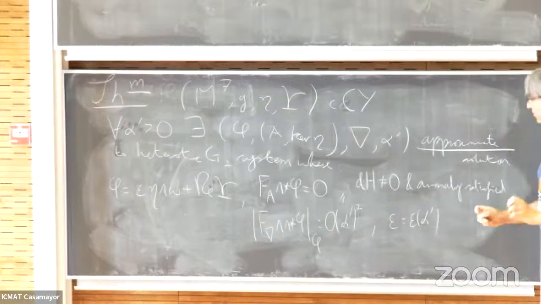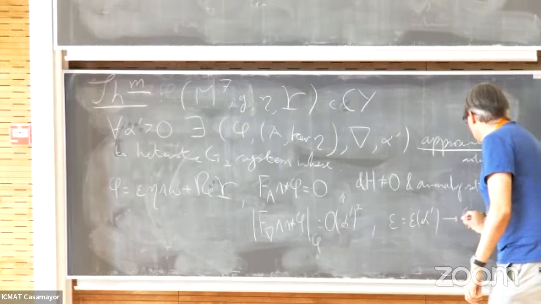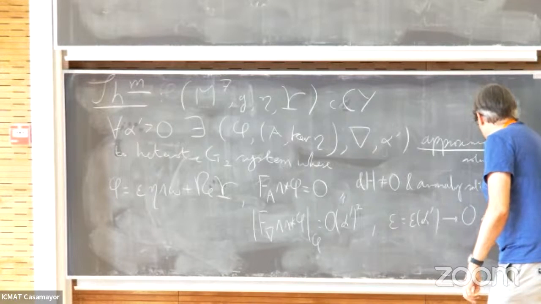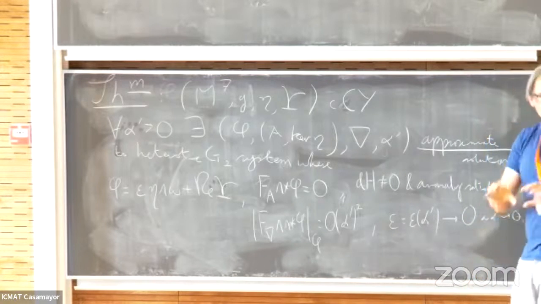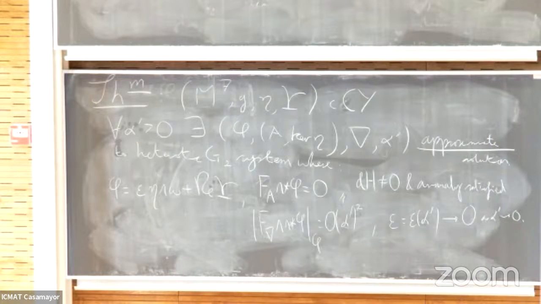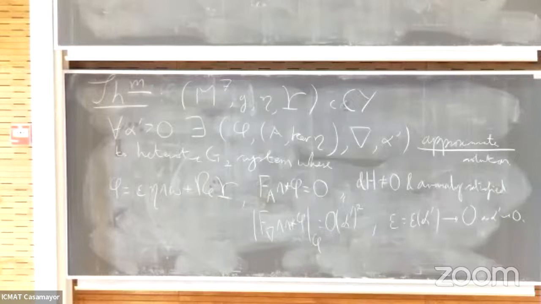It's not going to be a shock that this function goes to 0 as alpha prime goes to 0. You have to collapse the circles in the fibers if you want to get closer and closer to a solution. So again, it's trying to become Calabi-Yau and a kind of trivial solution to the heterotic G2 system, which is just a product of the Calabi-Yau solution.